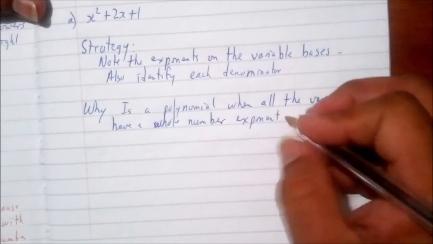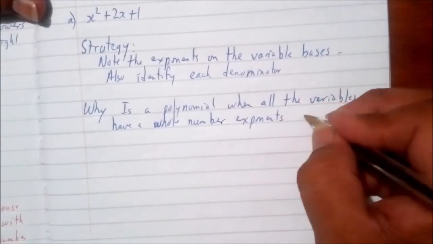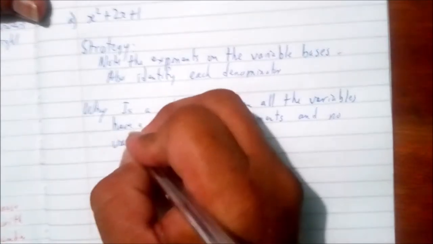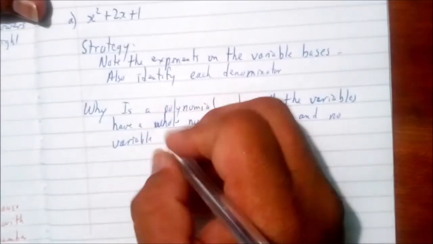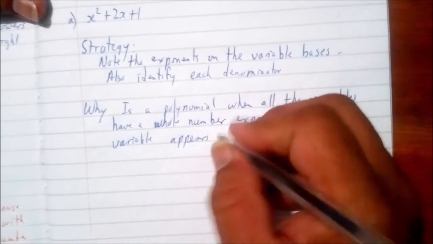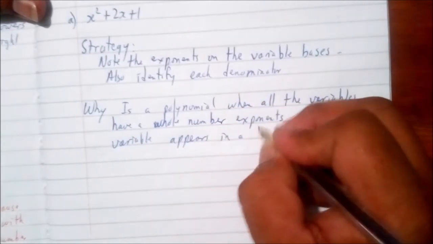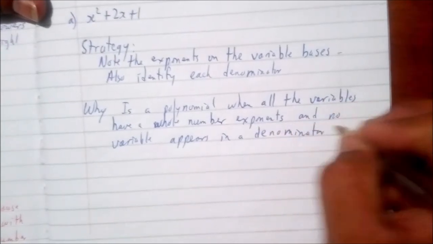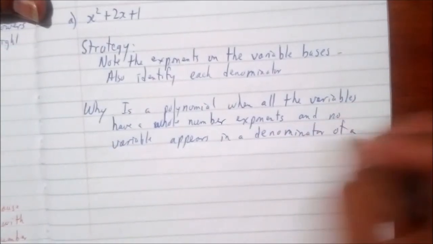So we don't want to have any exponent as negative, and no variable appears in a denominator of a fraction.